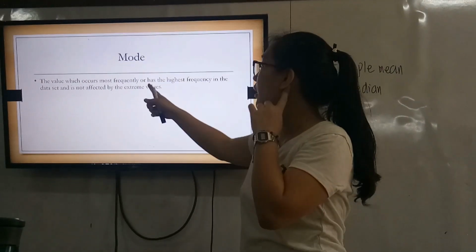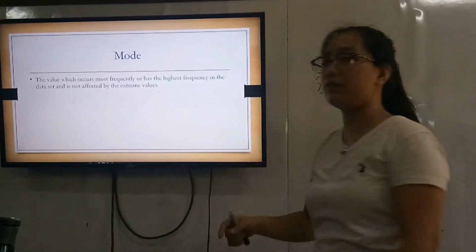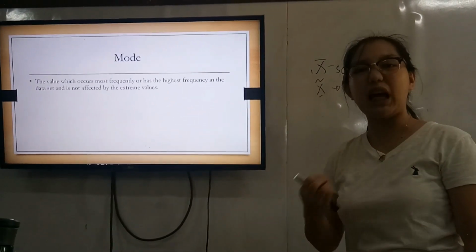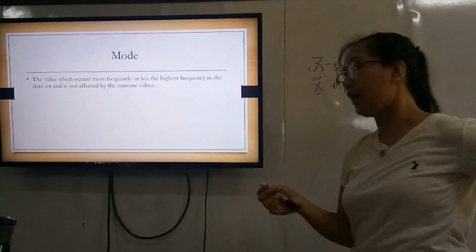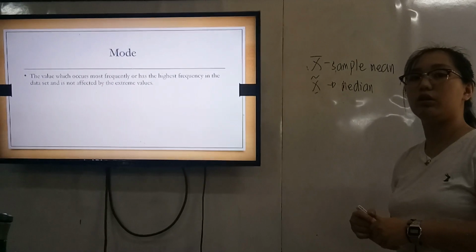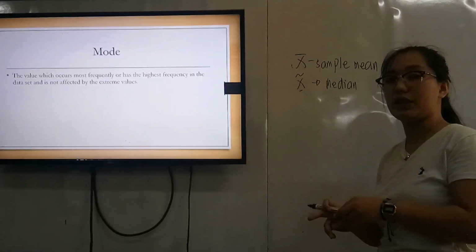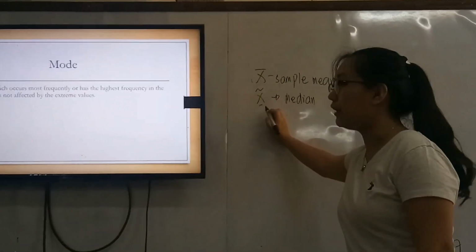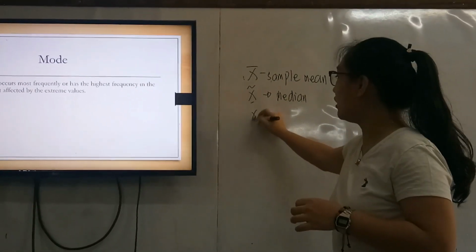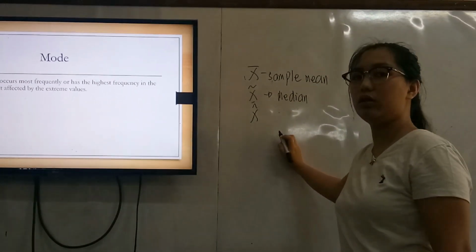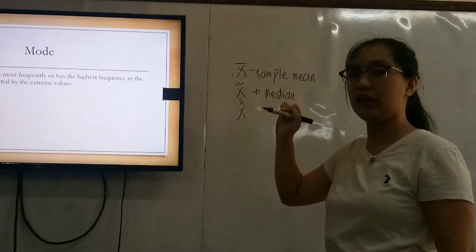In layman's terms, it's the number that stands out the most. There are many like that, right? So all we have to do is look for which has the highest frequency.